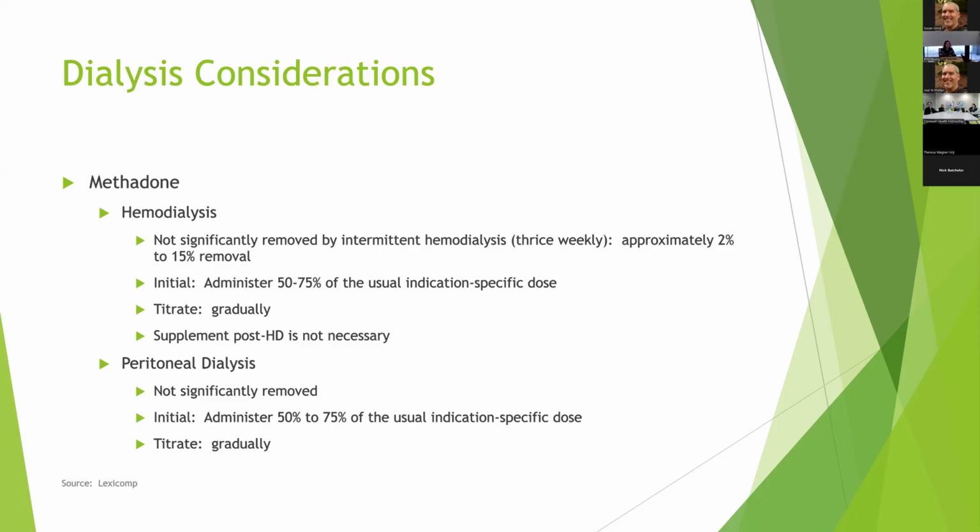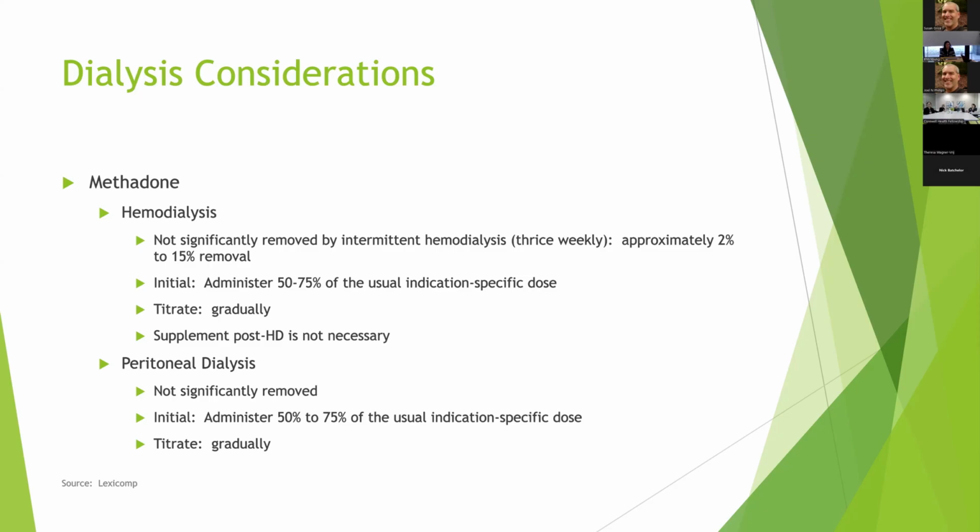If you wanted to be cautious when starting methadone, the recommendation is to administer 50 to 70% of the usual indicated dose, which is funny, right? It says there's no significant removal, but why don't you start at a lower dose? So their pain's just out of control, basically. Practically, I don't reduce it if I'm starting somebody who's on hemodialysis on methadone.